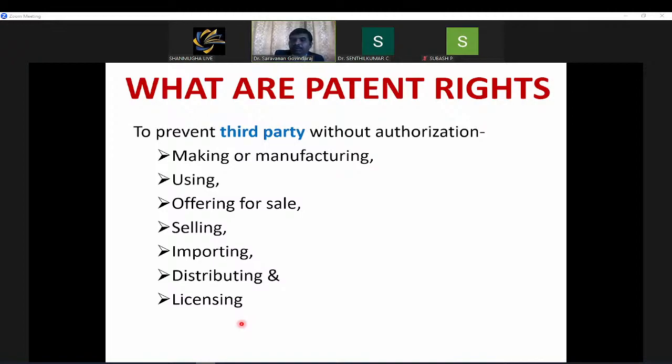For the one product you have invented, without your permission no one can make, use, sell, import, distribute or license. These rights are given to you by the Indian government for a period of 20 years. Then you think, how much? One idea is enough.